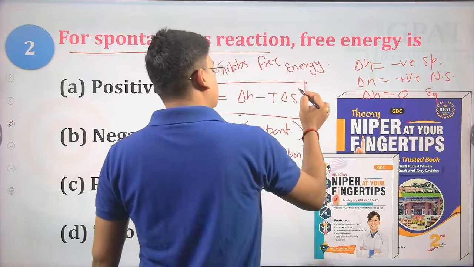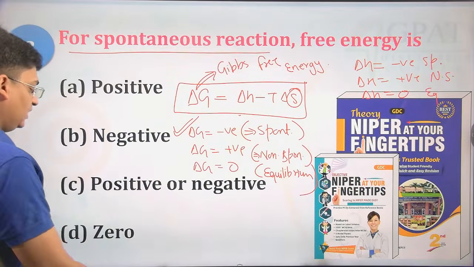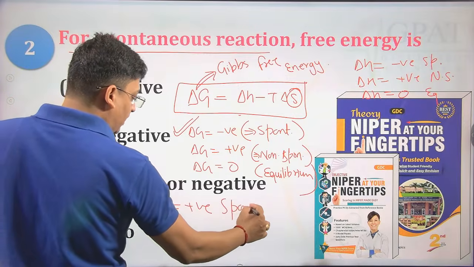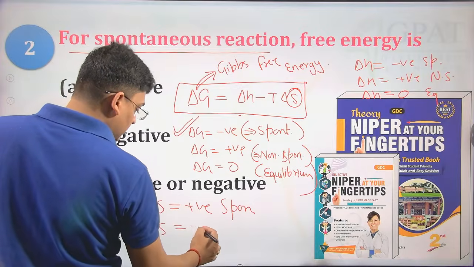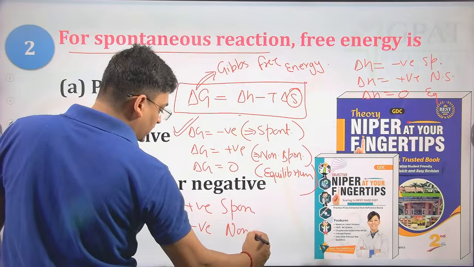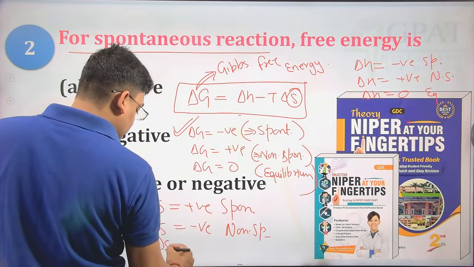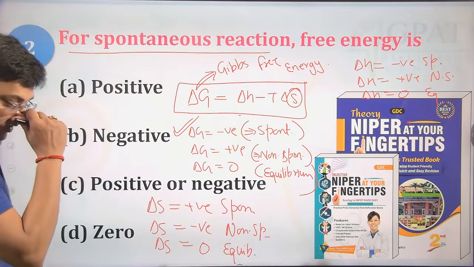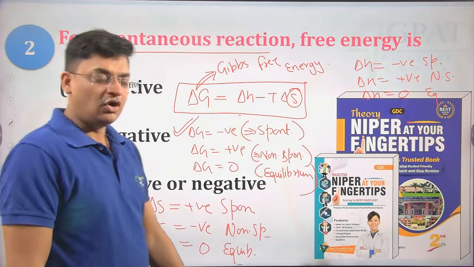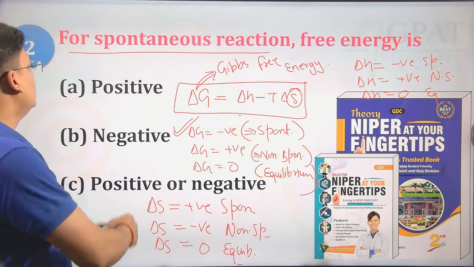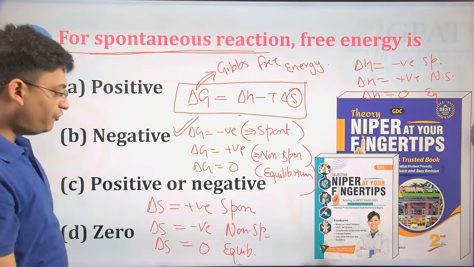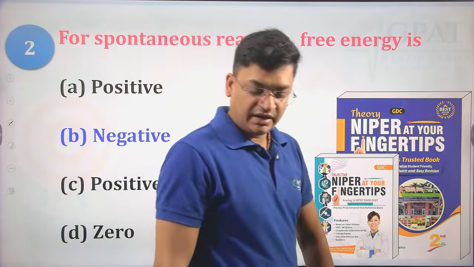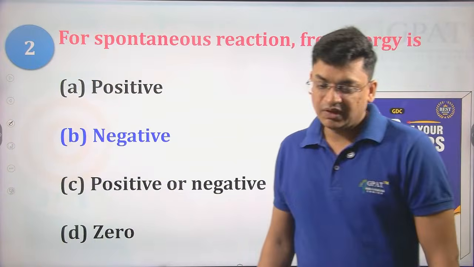For the change in entropy, if delta S is positive, the reaction is spontaneous, that happens on its own. If delta S is negative, the reaction is non-spontaneous, and if delta S equals 0, the reaction is in the equilibrium state. So for a spontaneous reaction, the free energy must always be a negative value. Yes, that is the right answer.